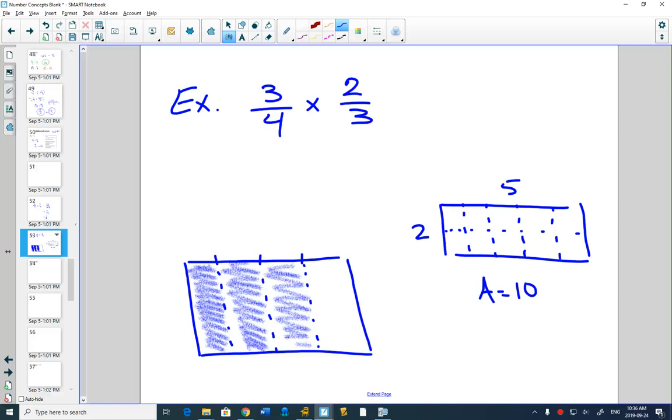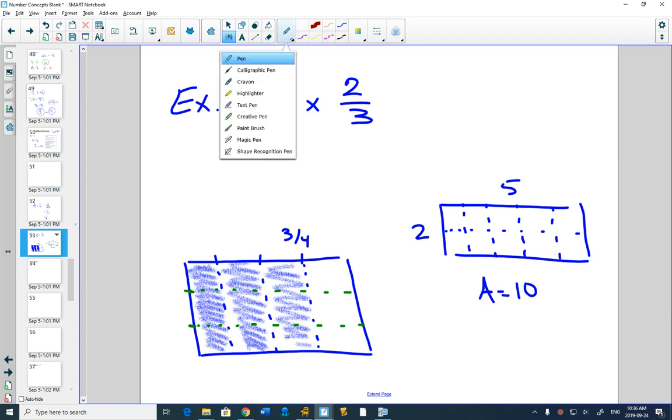So if I wanted to do an area that was 3/4 times 2/3, well, this would represent 3/4. 2/3, I'll get my crayon out again.